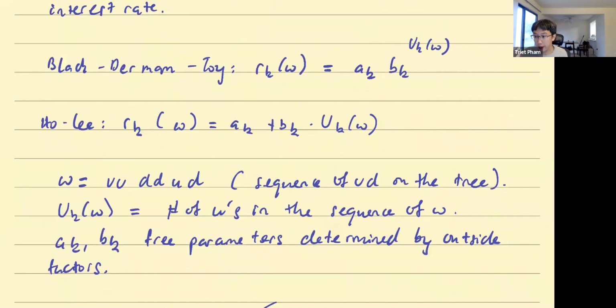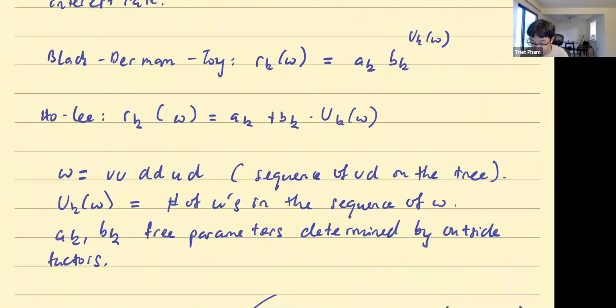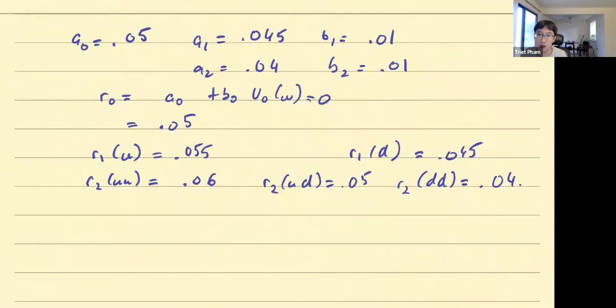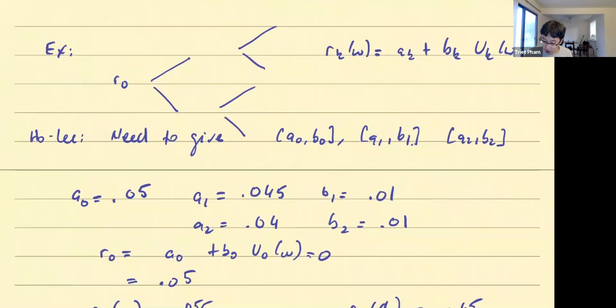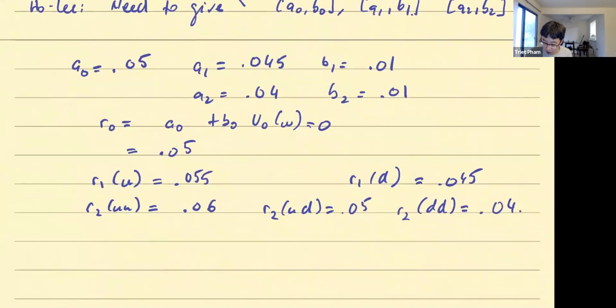Again, I will have to give you AK, BK, and then you will populate the tree. So then the question is, what do we do with this? And how do we figure out these actual values in practice? But let's slow down. What do we do with this? Maybe we need the probabilities of up and down.